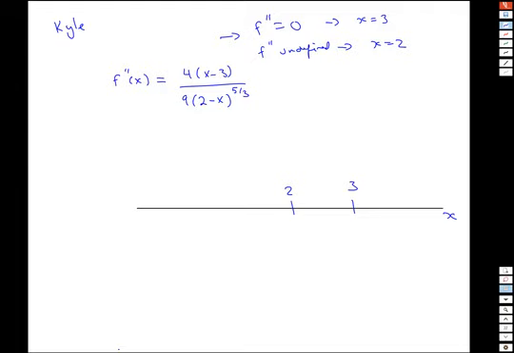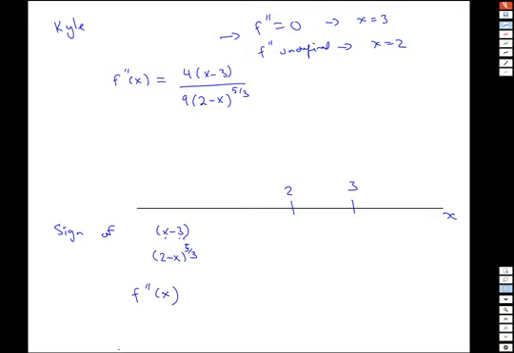My preferred way is to look at all the ingredients, and in particular look at x minus 3, and look at 2 minus x to the 5/3, and basically figure out what the sign is for each of those, and then we figure out the sign of the whole thing, f double prime. And we just do that on each interval.